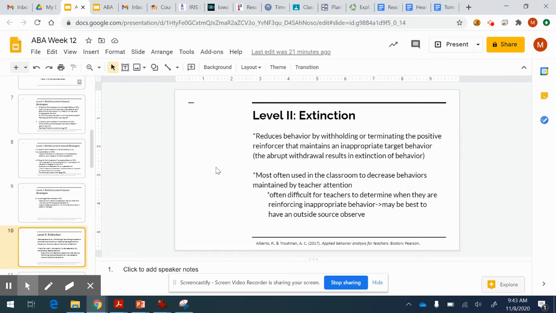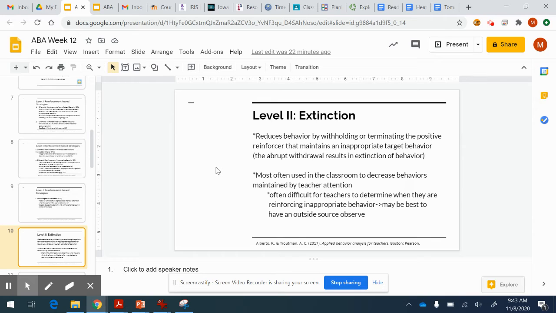So a student who is constantly blurting out or getting out of their seat to get the teacher's attention, when a teacher starts to ignore or not respond to those behaviors, that is a common example of extinction used in a classroom. When we stop giving the student the attention they want, most likely the behaviors will decrease.